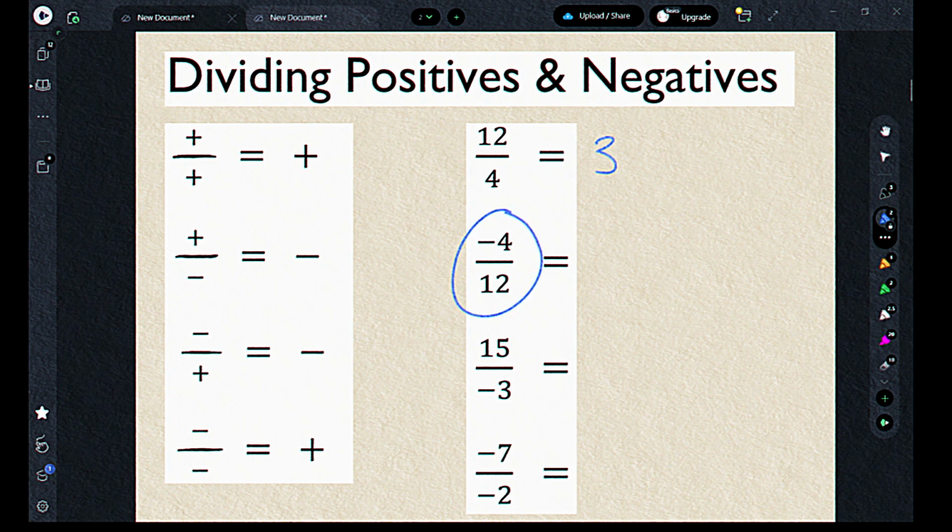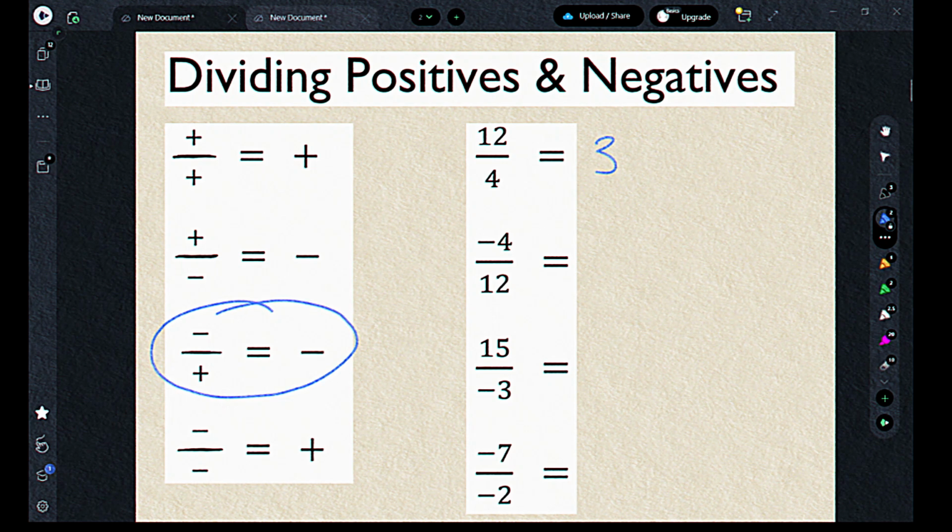All right, next one here. We have a negative on top and a positive on the bottom. So this is a negative divided by a positive, which is this case right here. Negative divided by a positive is going to give us a negative answer. And now I just need to divide 4 by 12. Well, let's see. 12 does not go into 4.